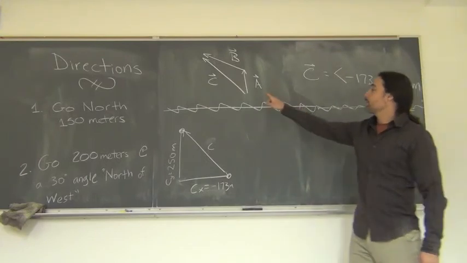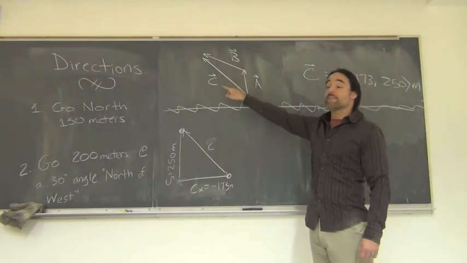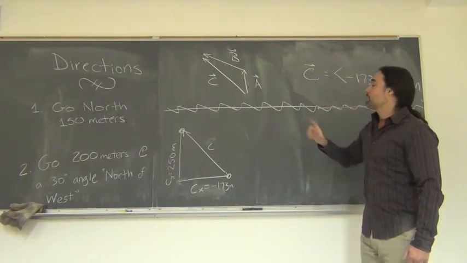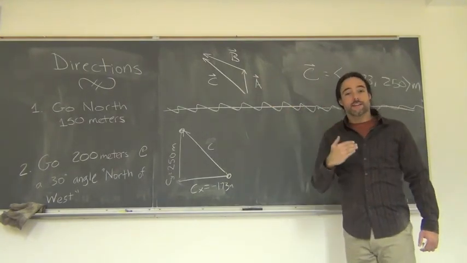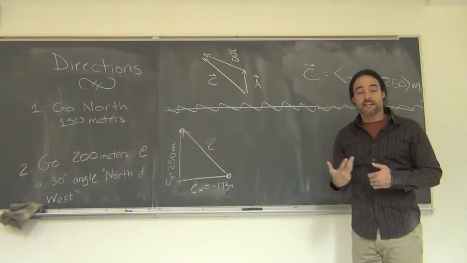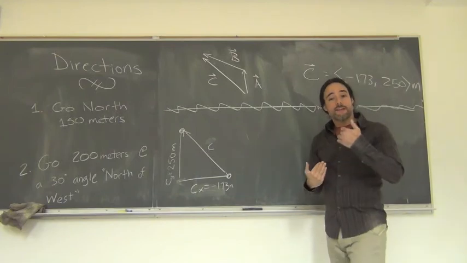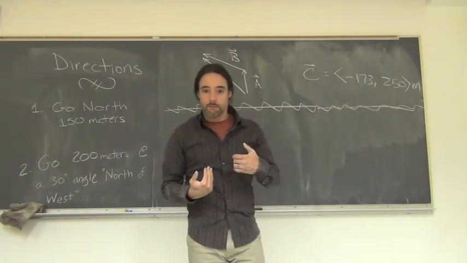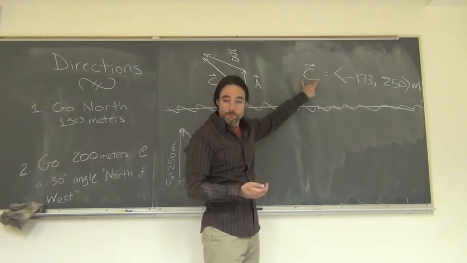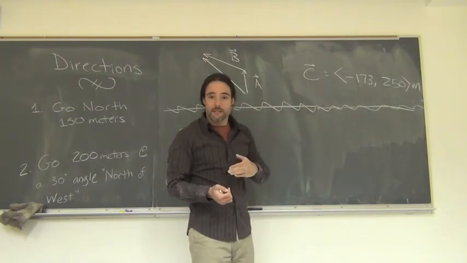So we've added vector A to vector B to get vector C, our resultant vector. We did that by connecting vectors A and B head to tail, which is how you add vectors graphically. You just connect them head to tail. If I want to add them numerically, what we did is we took all the individual components of A and B and added them together.